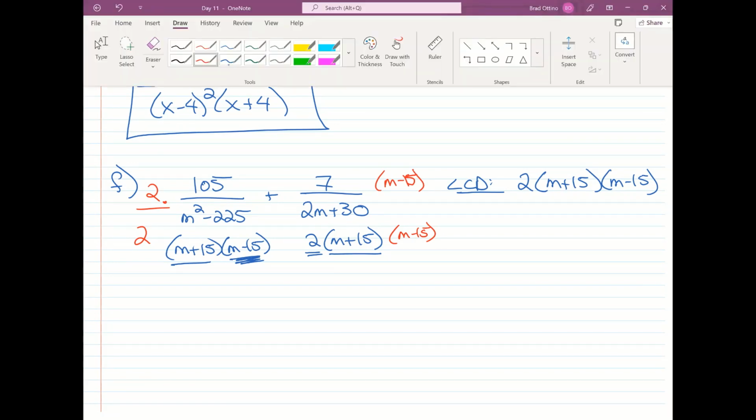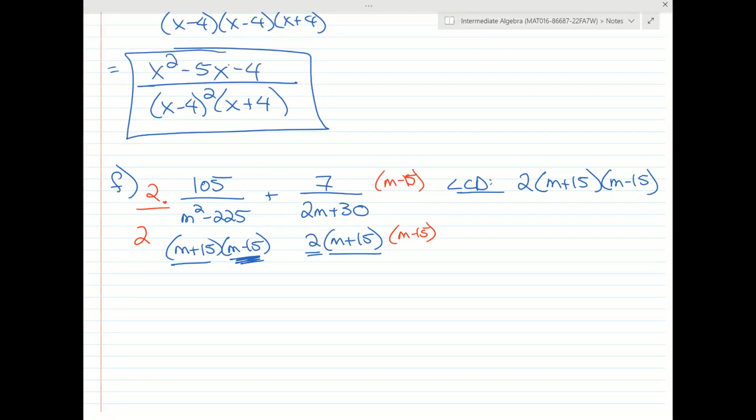And let's see. This is going to be 2 times 105 is 210 over 2 times m plus 15 times m minus 15, plus 7 times m minus 15 over the same denominator.